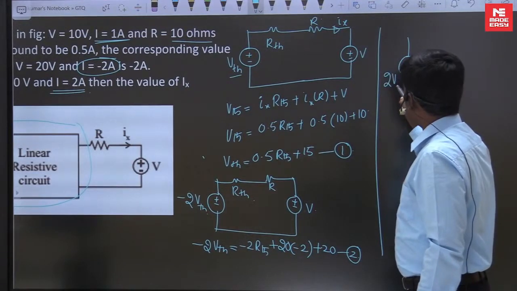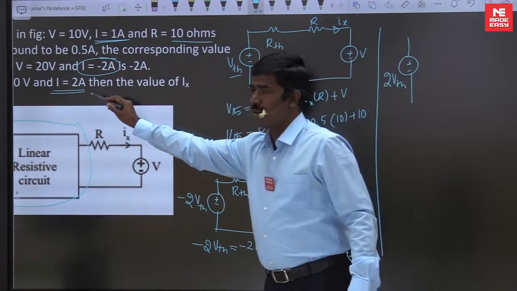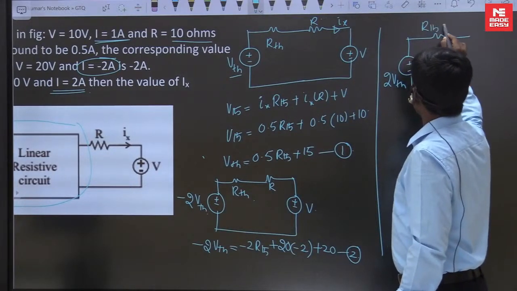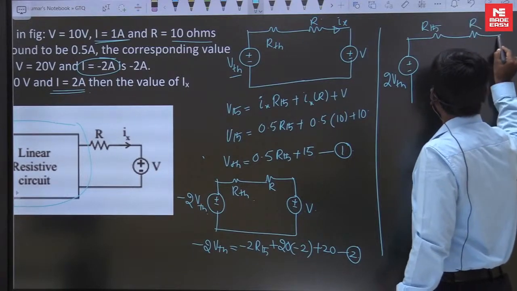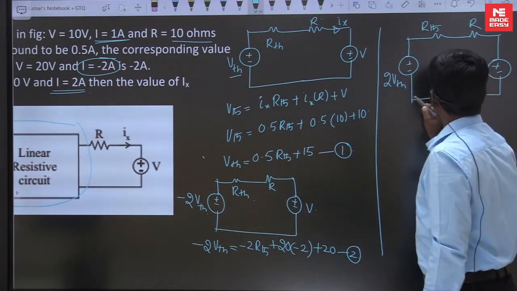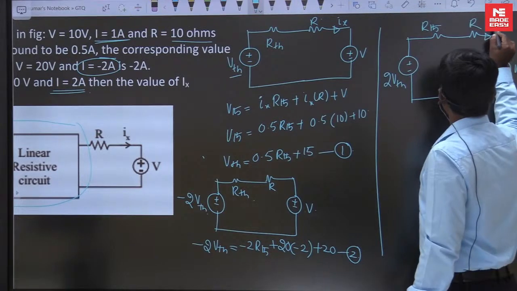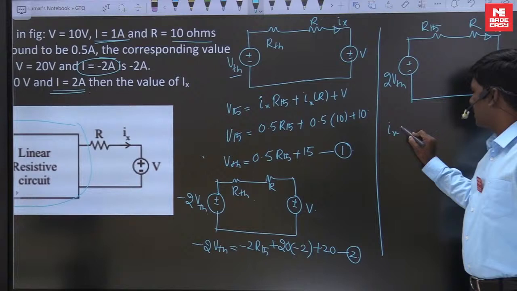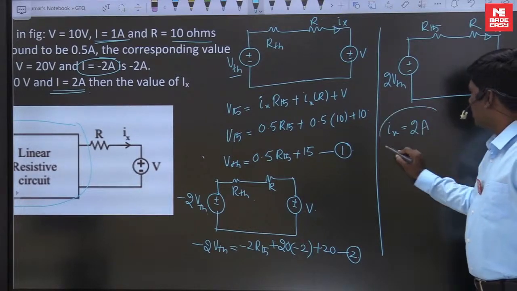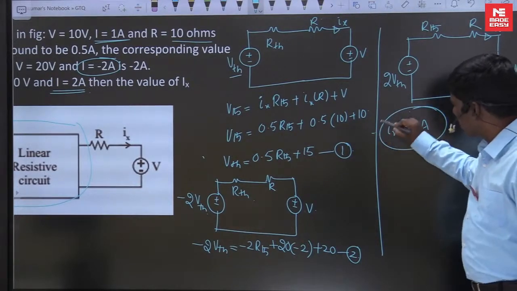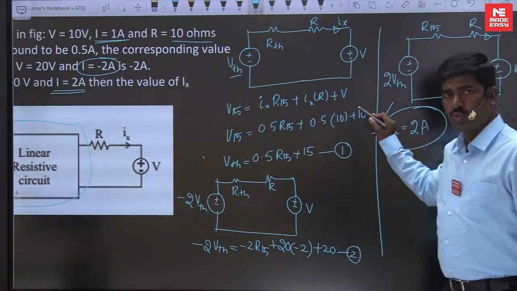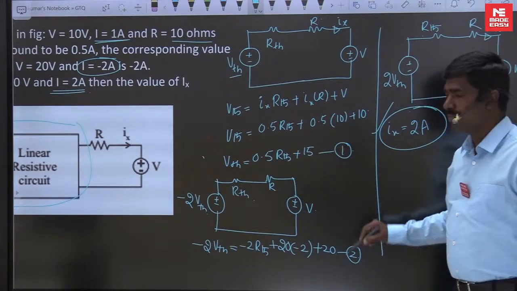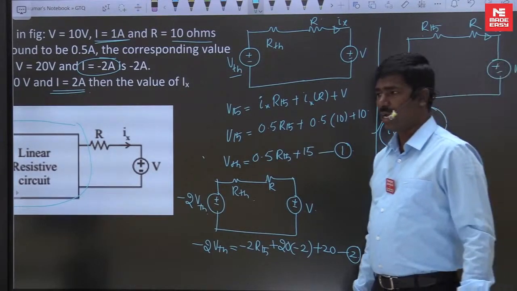Why 2 VTH here now? Because the current is 2 amperes. You get RTH also. The voltage source value is given, and from the KVL equation you get the Ix value. Just check it. I gave the direct answer: after VTH, take 2 into VTH, and the RTH value comes from the 2 equations. Substitute here now. You get the answer Ix is equal to 2 amperes.